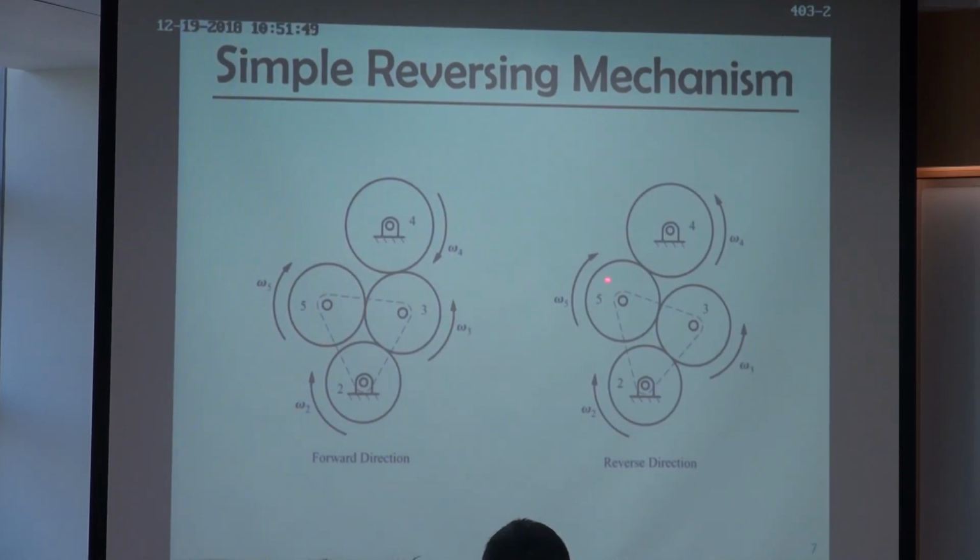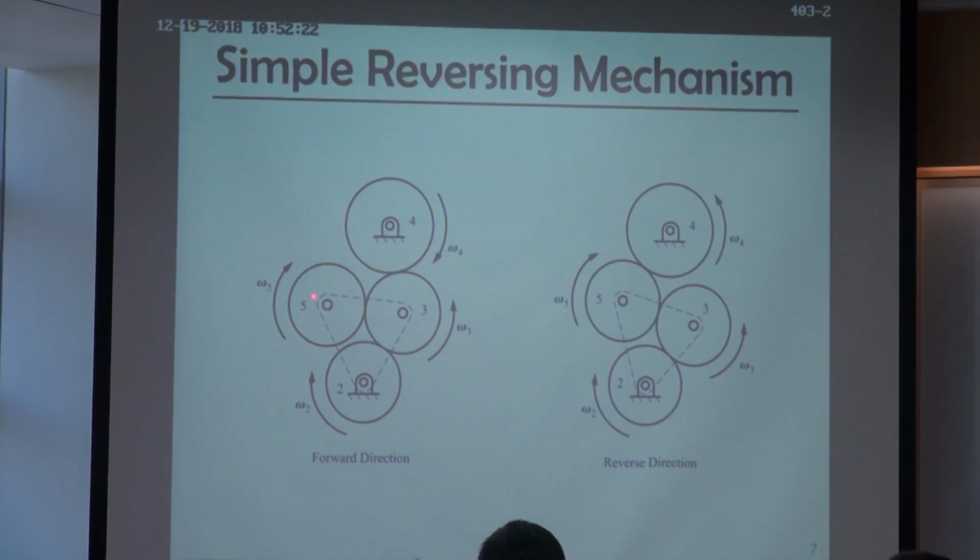And okay, so here is just introducing what's called a reversing mechanism. It's just an example. 4 is the output and 2 is the input. There's a triangular link connecting the 3 gears together, and this triangular link can rotate a little bit.